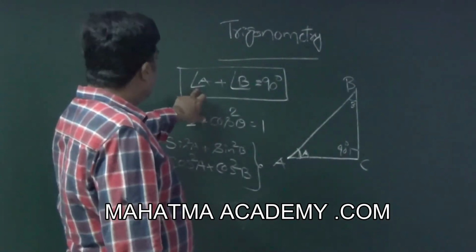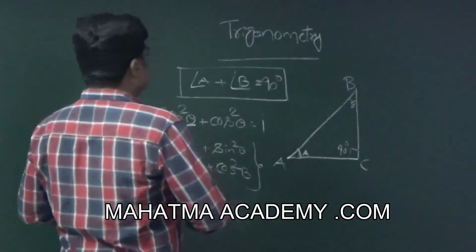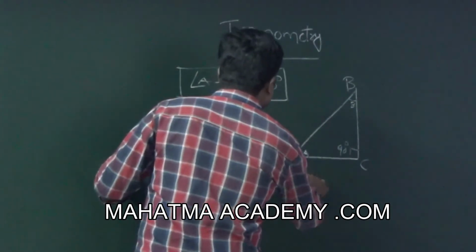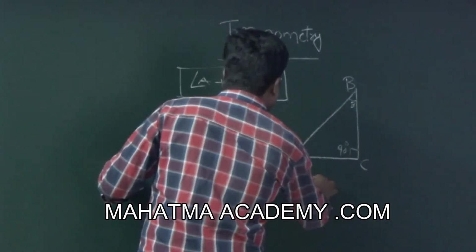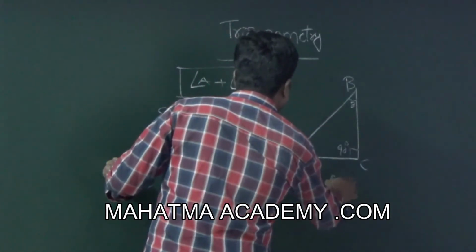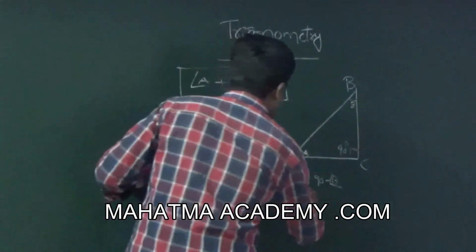If angle A plus angle B equal to 90, then angle A equal to 90 minus angle B. Apply sin on both sides.